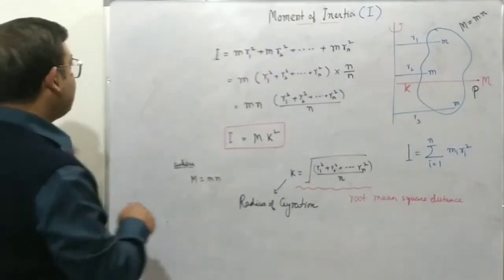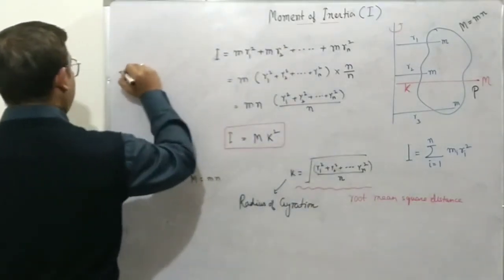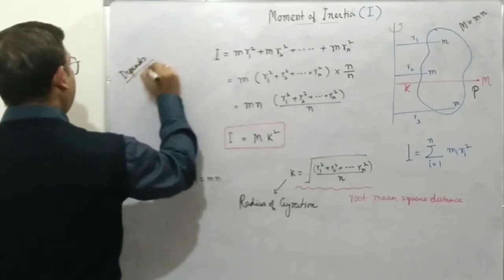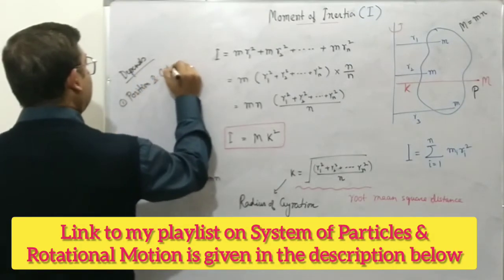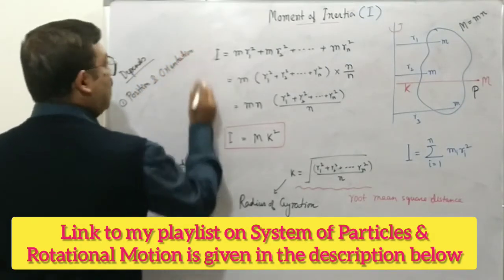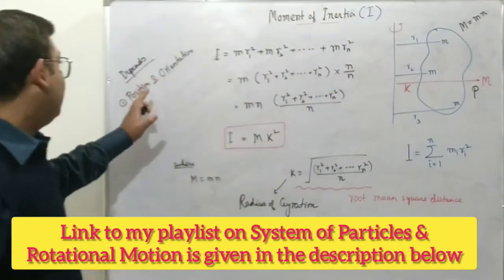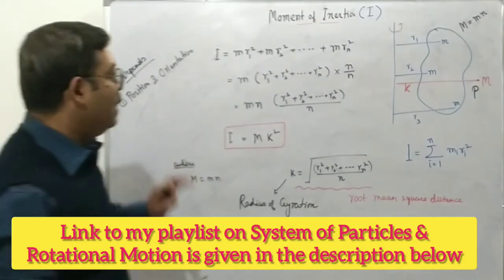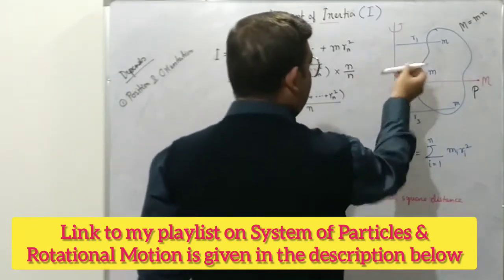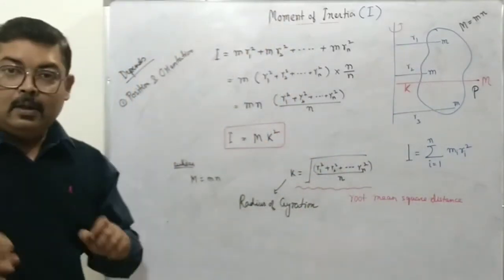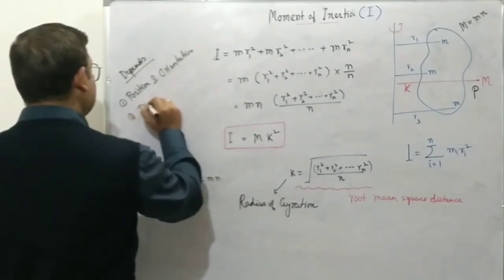It depends on position, that is, for a parallel axis farther away or closer to the body we will have different radii of gyration, and on orientation, if it was at some angle or perpendicular some other way, then we would also have a different radius of gyration. And of course, it depends on the distribution of mass.